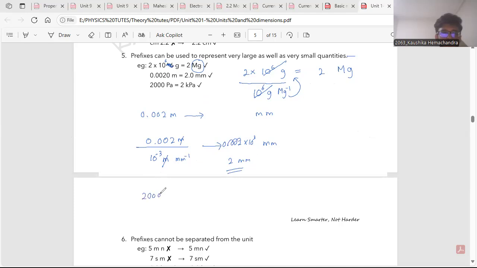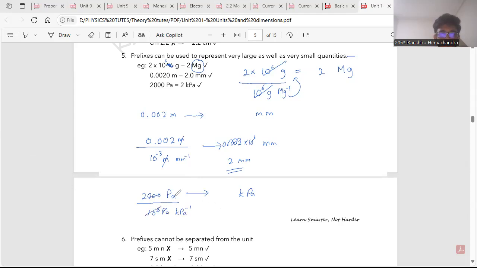And 2000 pascals to kilopascals. So you divide by, 1 kilopascal is equal to 10 to the power 3 pascals per kilopascal.